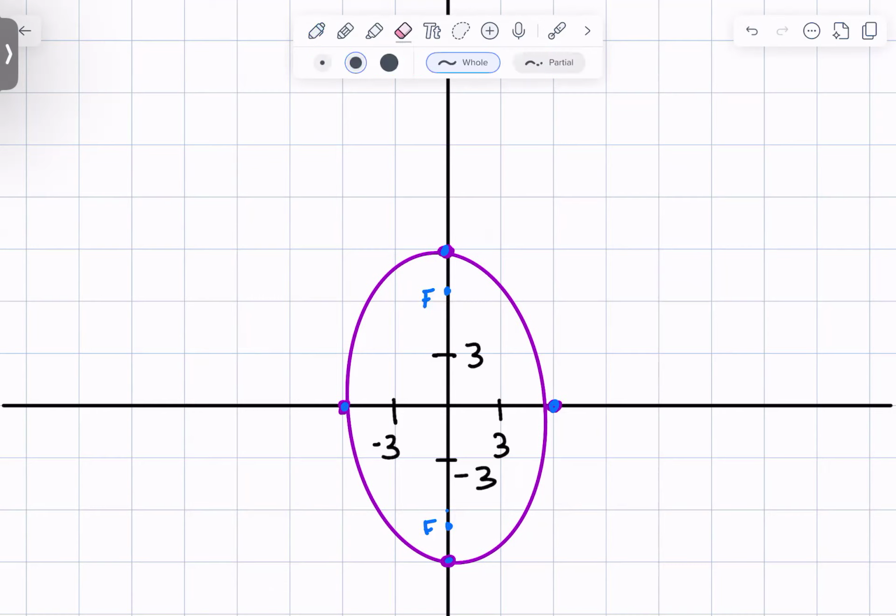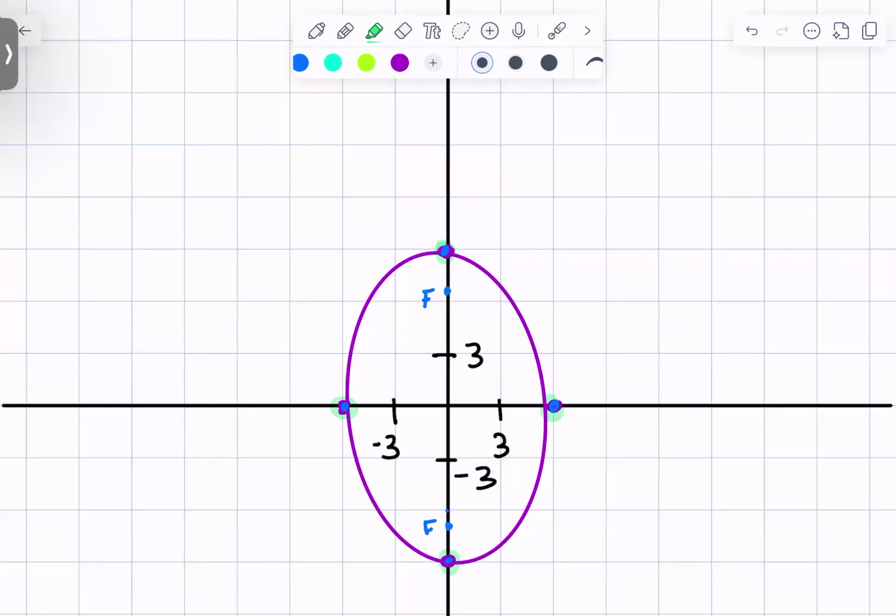And if you want, you guys can graph it first and then get the length of your major axis and your minor axis. Because once you get these points, the first points that we talked about, this point, this point, this point, and this point, now you can visualize how the ellipse is going to go.